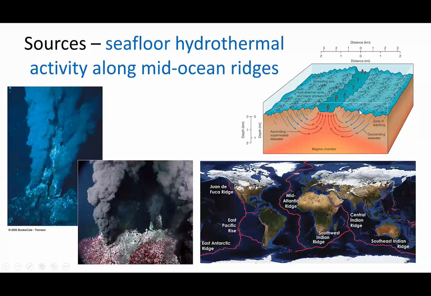These high temperatures drive circulation of water through the oceanic crust. So they draw cold water down into the crust, and then that water comes up, heats up, reacts with the rocks, dissolves minerals, and those dissolved minerals come out when the very high temperature fluids exit the seafloor into the ocean in the vicinity of the mid-ocean ridges.